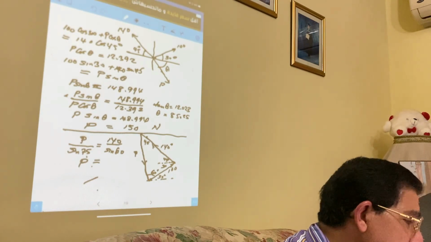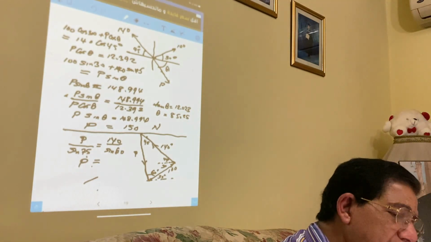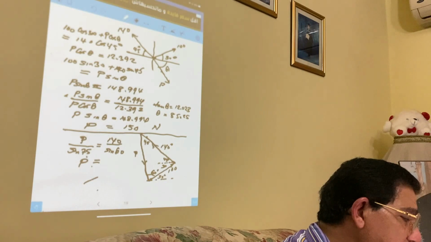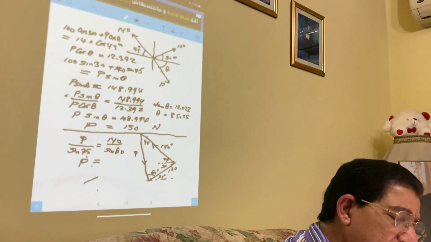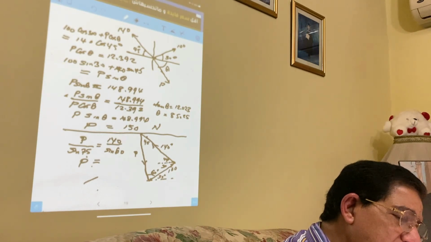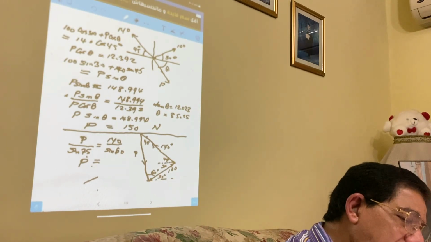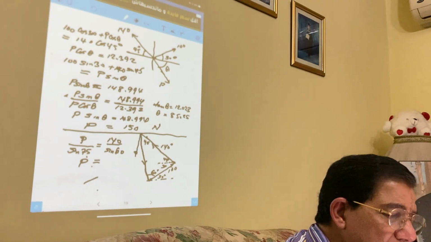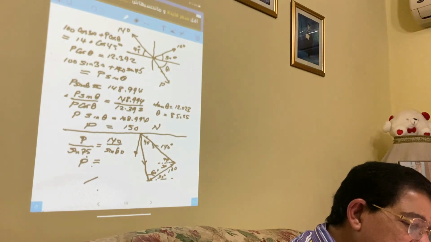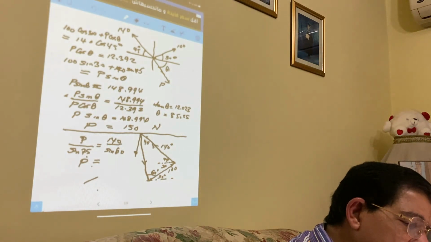Now again, the first force, this is making 75, right? Now, we don't know the direction of that force in actual fact, because we don't know yet the angle theta.